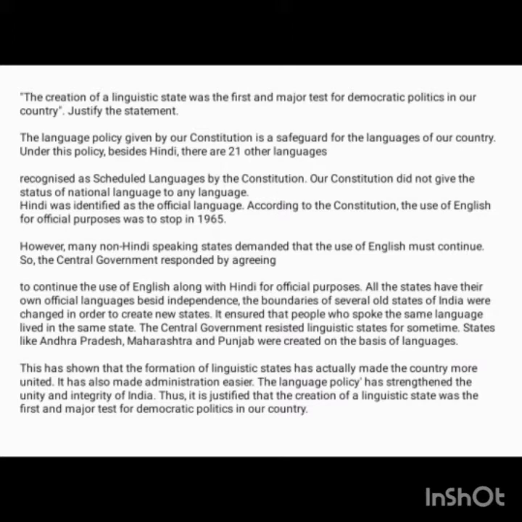So as per the Constitution of India, there are totally 22 scheduled languages.